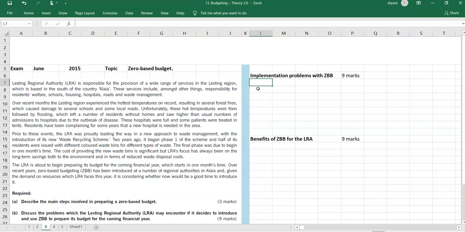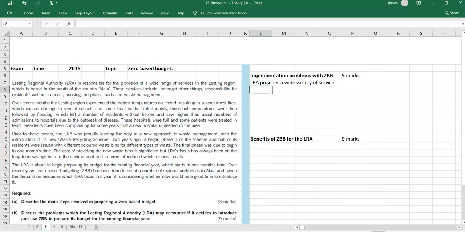The more different and varied types of services and products a company provides, the more difficult it is to operate a ZBB. So here, LRA, listing region authority, I think it's something like a corporation or a municipality. LRA provides a wide variety of services. So that seems to be a problem.